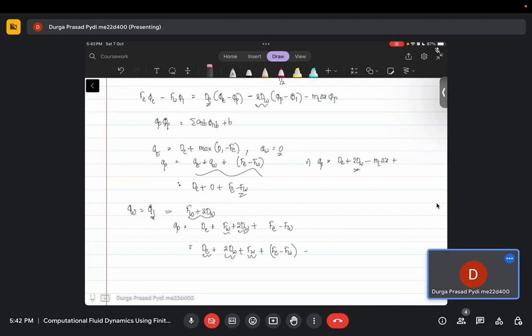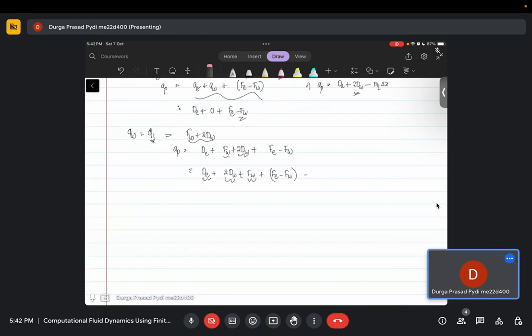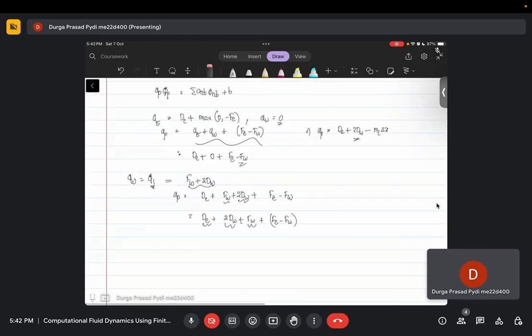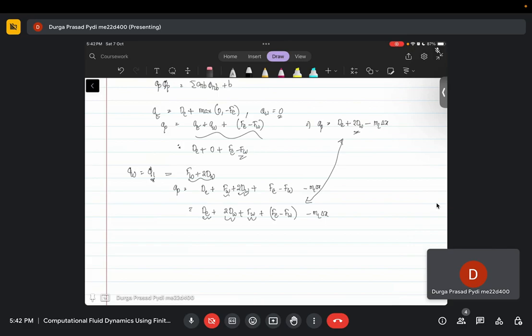Okay. If you compare this equation with this equation, we have a DE term, 2DW, and then you'll always have the other source term. The only difference is your phi east has to be taken care of.